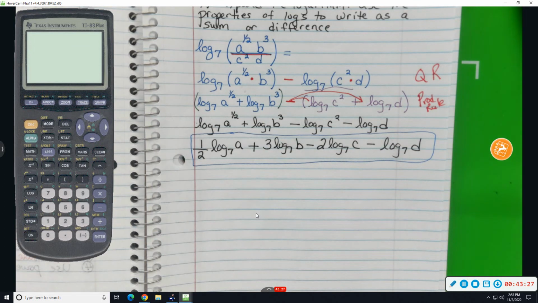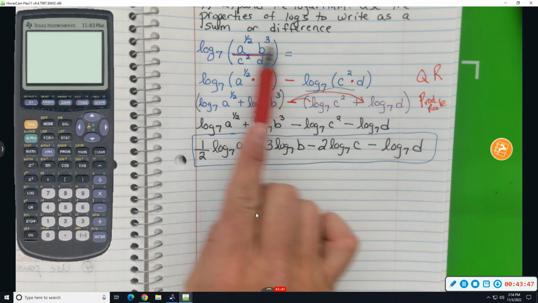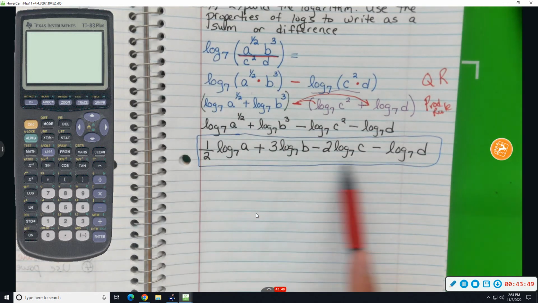Okay. Now, a natural question is, based on what I've said to y'all, I keep saying you can do it in one step without showing these steps. Do y'all see the pattern? How will you go from here to right here? Let me show you. Yeah, I can kind of see it.